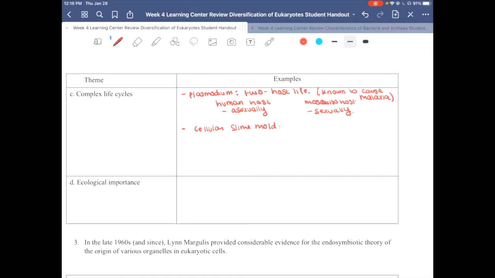And the asexual reproduction, when they produce the spores, they usually utilize that when the environmental conditions aren't ideal. So they want to utilize the asexual phase because it doesn't require as much energy as the sexual reproduction does. So these also have a sexual phase and an asexual phase.